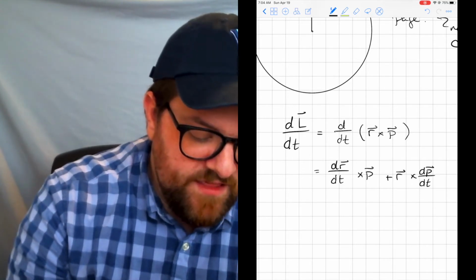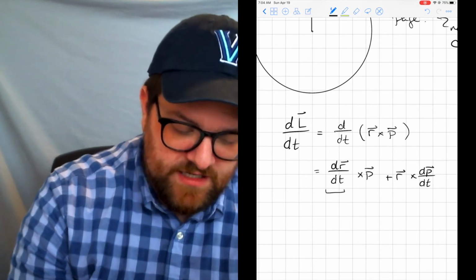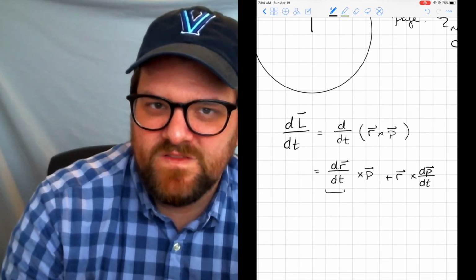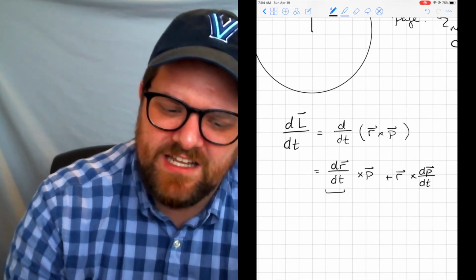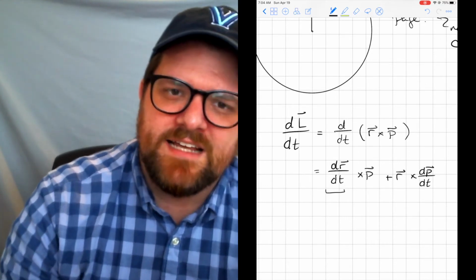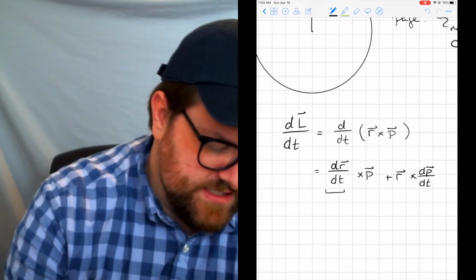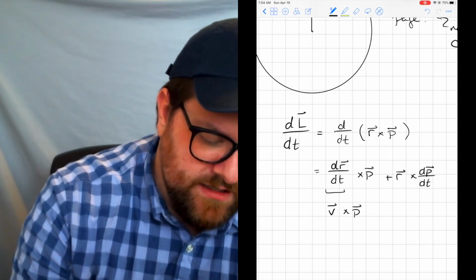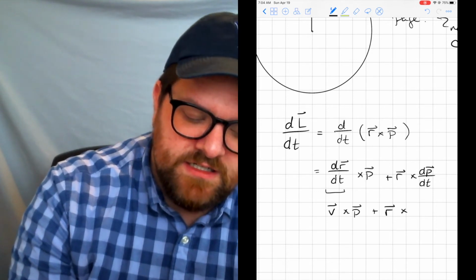Now dr/dt, well, that's velocity, right? r is a position. It's telling me how far away from my axle I am, and how fast I'm changing that position. So I really have v cross p plus r cross dp/dt.